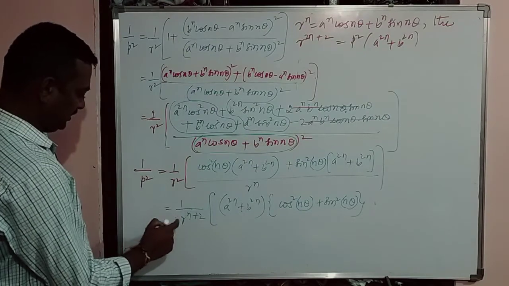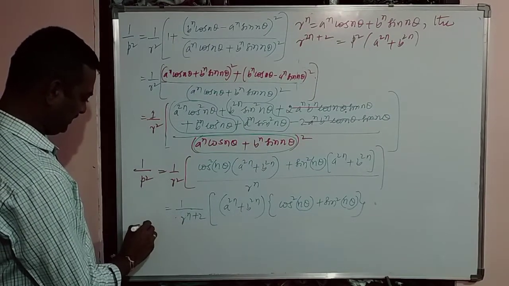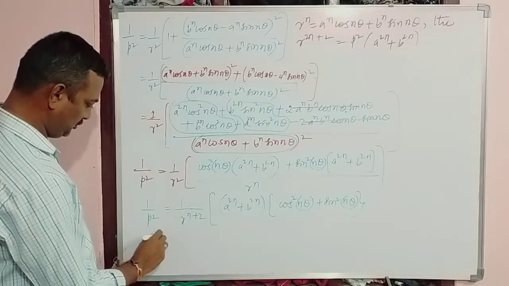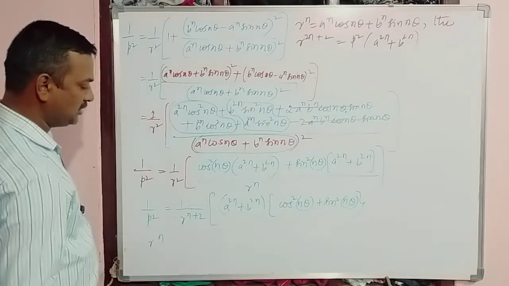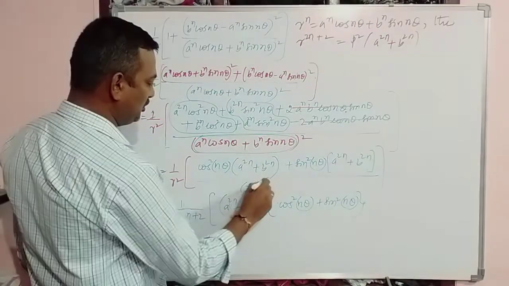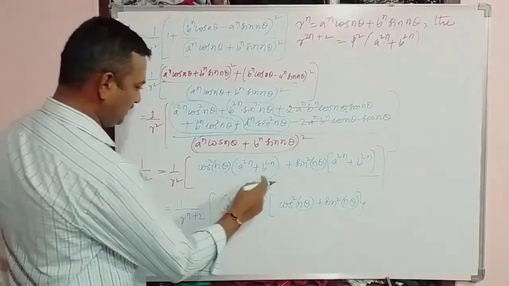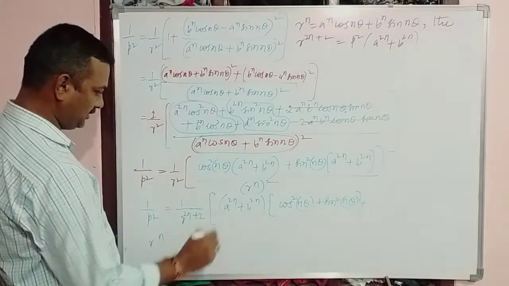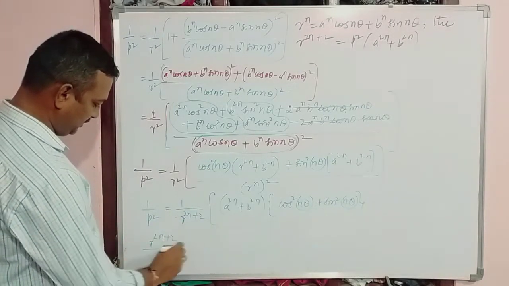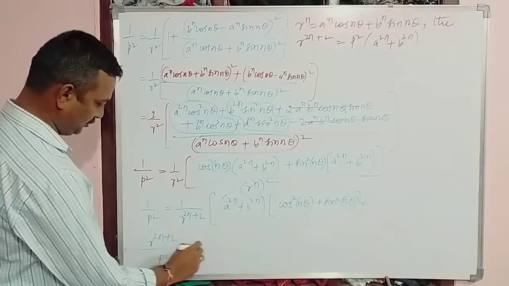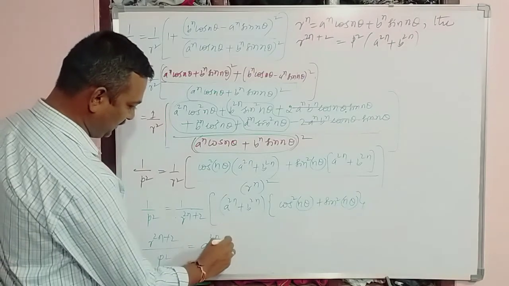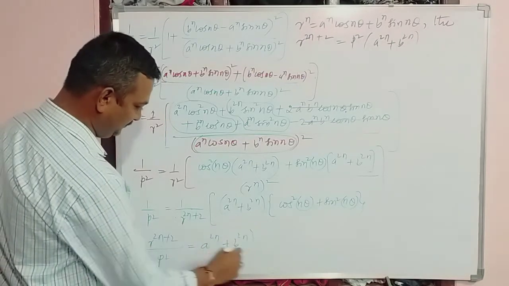Okay. So you cross multiply here. It is 1 by p square. Sorry, this is r raised to n whole square, student. Okay. So this will become r raised to 2n plus 2 divided by p square is equal to, this is a raised to 2n plus b raised to 2n.